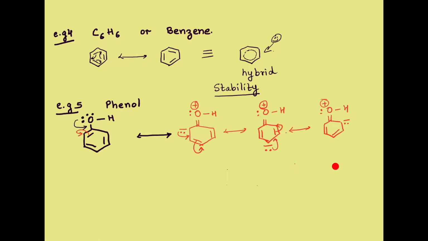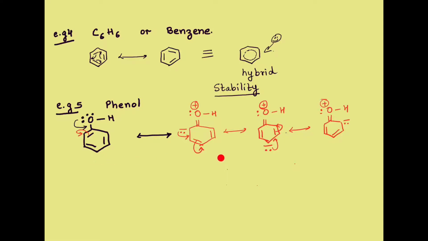It prefers to be negatively charged rather than positively charged. So although phenol has a number of canonical structures, these are not so close to the ground state. That means their contribution is not as valuable to the behavior of phenol.